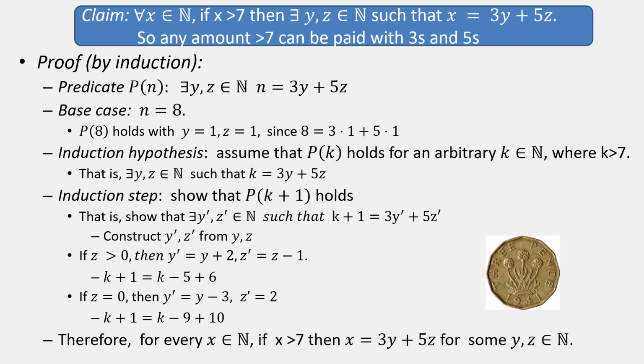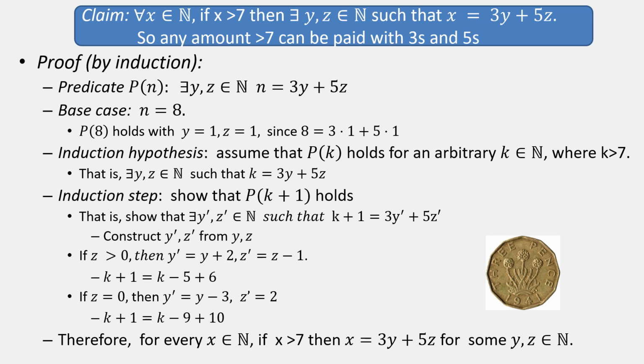By induction hypothesis, now let's assume that P of k holds for an arbitrary k in N which is greater than 7, that is, greater than or equal to 8. That is, there are some y and z such that k equals 3y plus 5z. So now we need to show that under this assumption, P of k plus 1 holds.